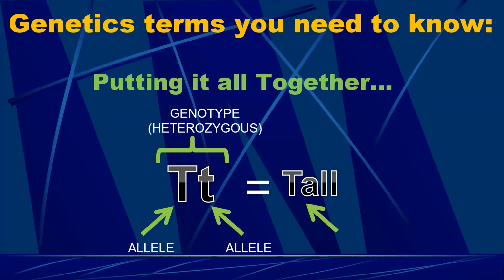These are called the alleles: the allele for the dominant tall and the allele for the recessive short. Because the capital T is dominant and the small t is recessive, the effect of the tall allele masks the effect of the short allele. That gives us a phenotype which is tall only.